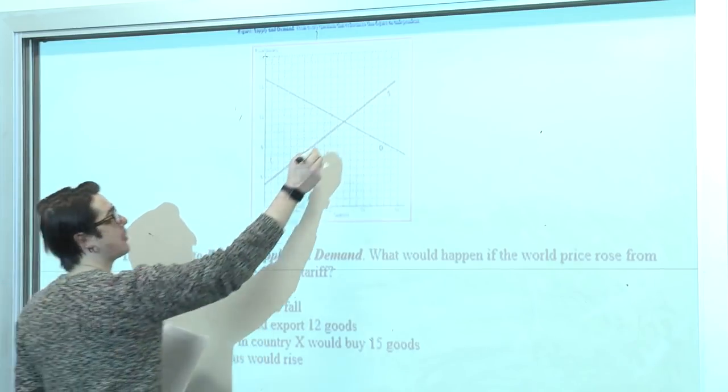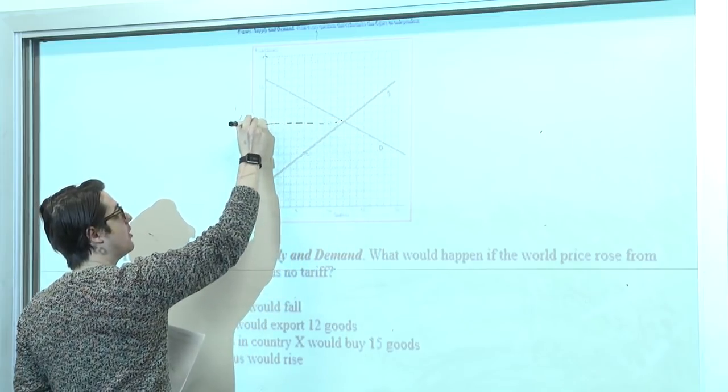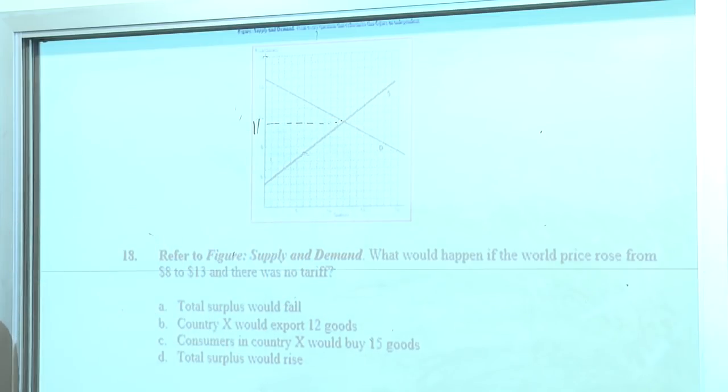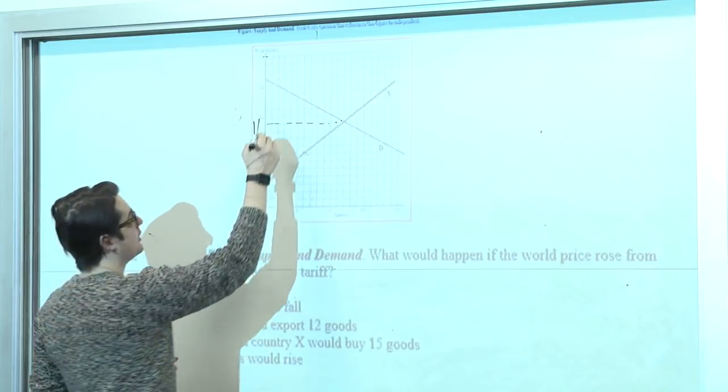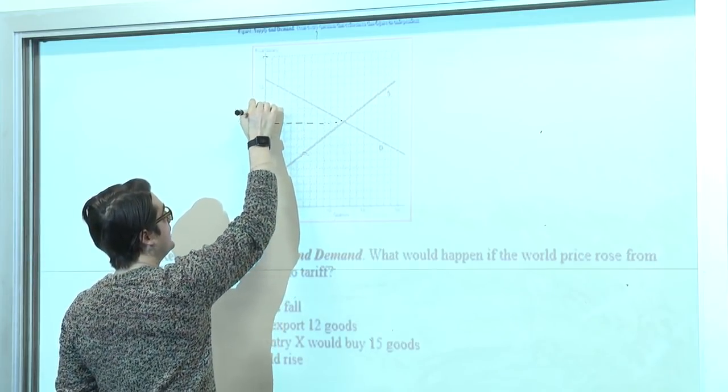All right, so this equilibrium price here without trade is 11. So if we increase the world price to 13, what sort of country are we going to be? We're going to be an exporter, yeah, because we can sell our product for more money abroad than we can domestically. Okay, so we go up here to 13.